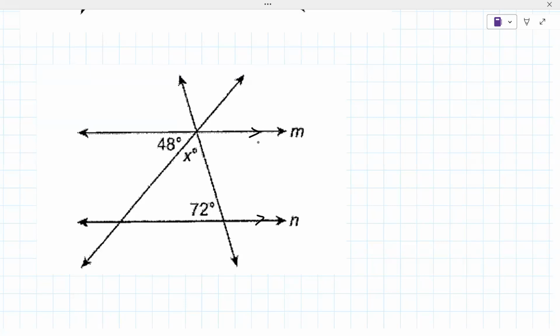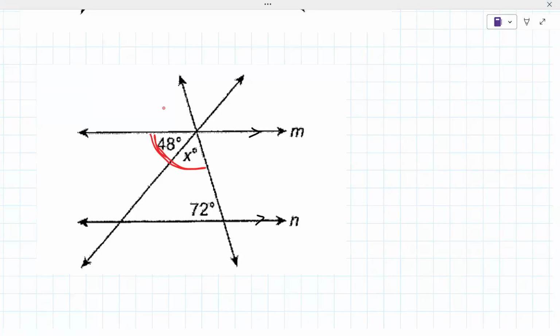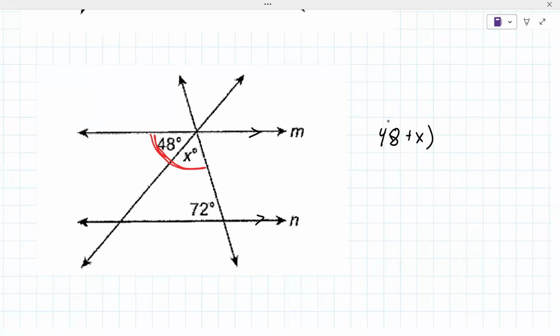The thing that I think maybe isn't clear, because you're distracted by all these lines, is that these are now same side interior. So the 48 plus X plus the 72 equals 180.